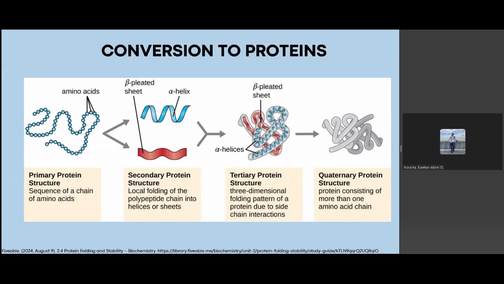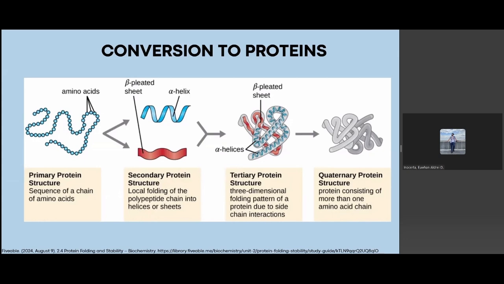Next we have the tertiary structure, or the final 3D shape of a single chain. The tertiary structure is when the entire protein chain folds into its final 3D shape, and this happens because of the interaction between the side chains, or the R groups, of the amino acids and not just the backbone. These interactions include four important variables.